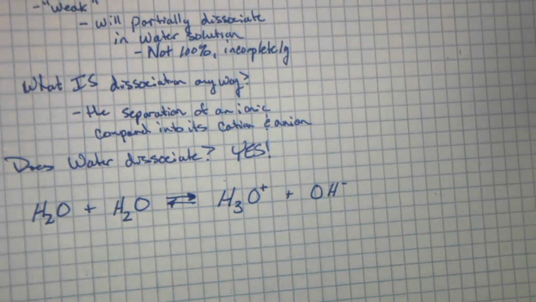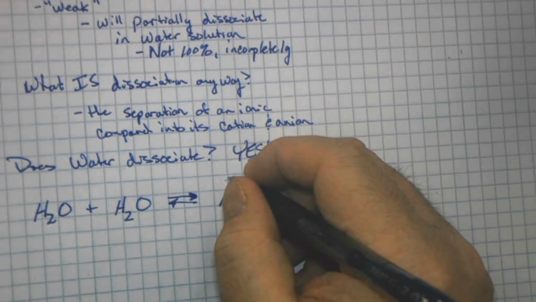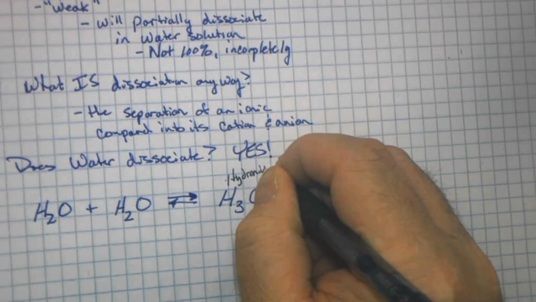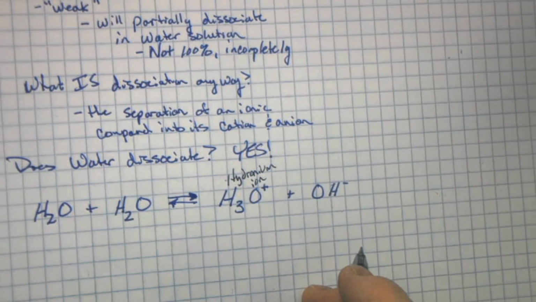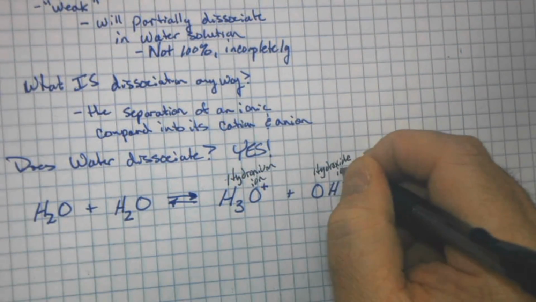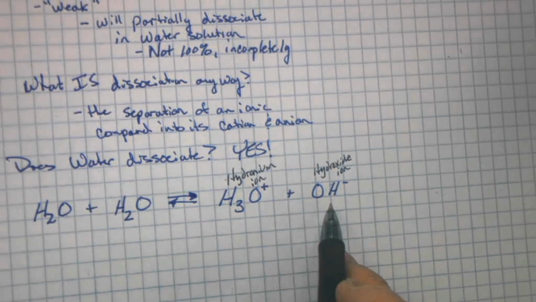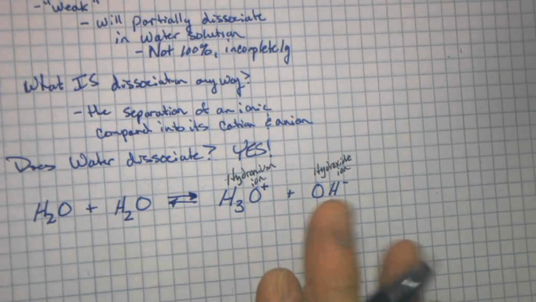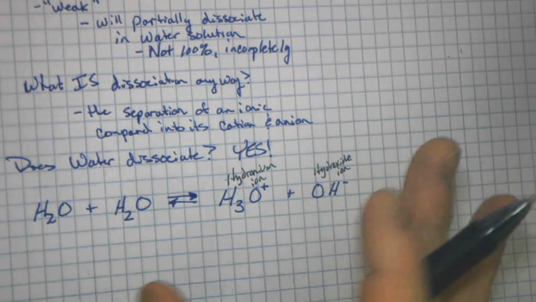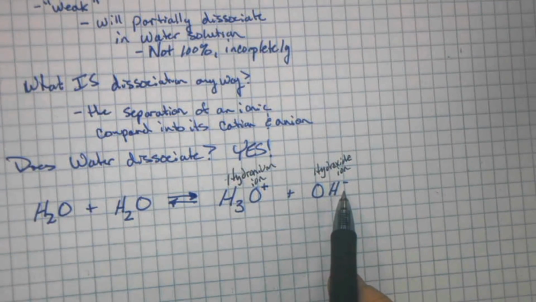And I want you to know those names. This is the hydronium ion, and this is the hydroxide ion. This is the acid, this is the base. And hopefully from this equation, you can see something interesting going on here. For every one of these that gets made, you make one of those.